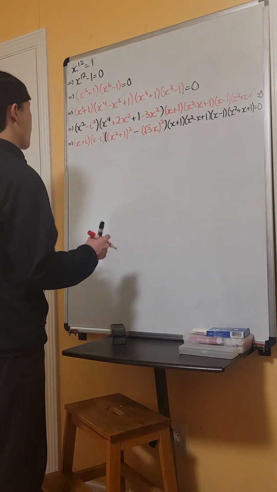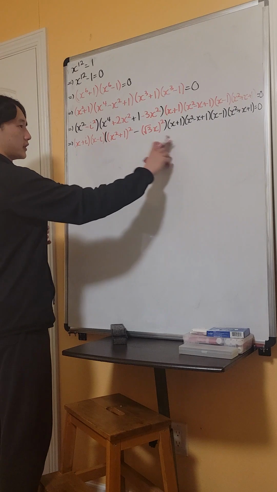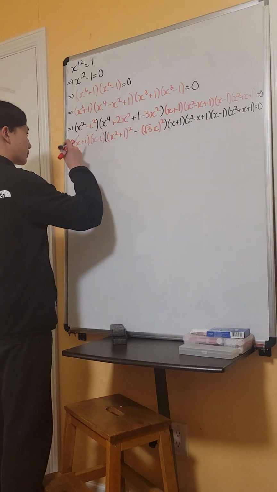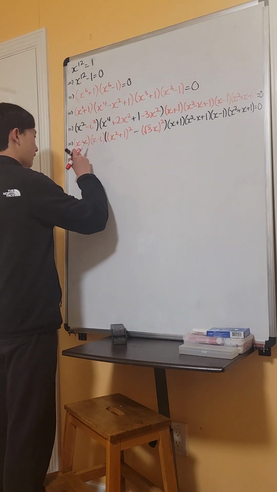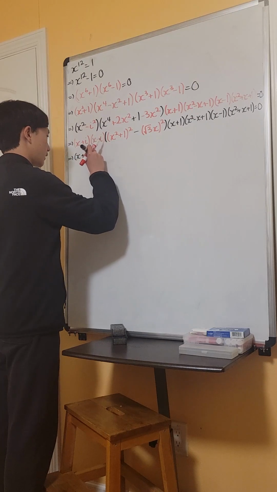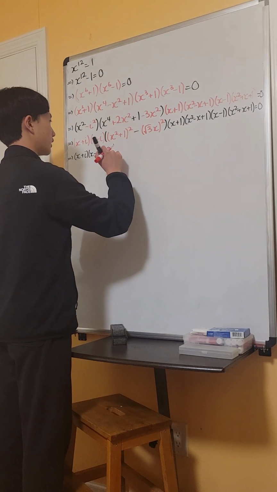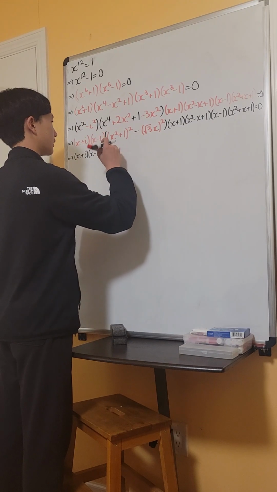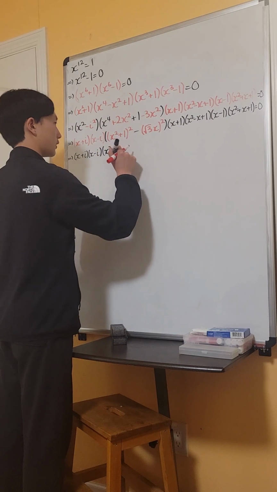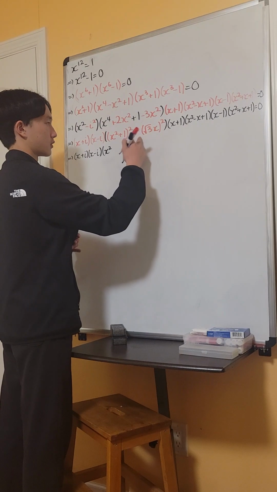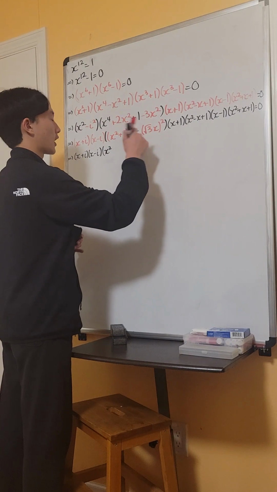Yeah. And finally, I'm just going to rewrite this and break everything up. So we have x plus i times x minus i, right? This middle one right here, we just have this be x squared, and then this is the difference of squares, sorry, not cubes, so subtract this first.